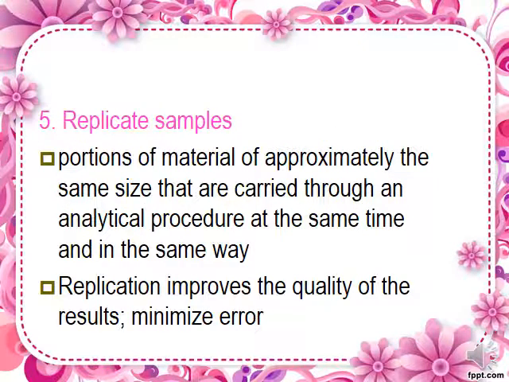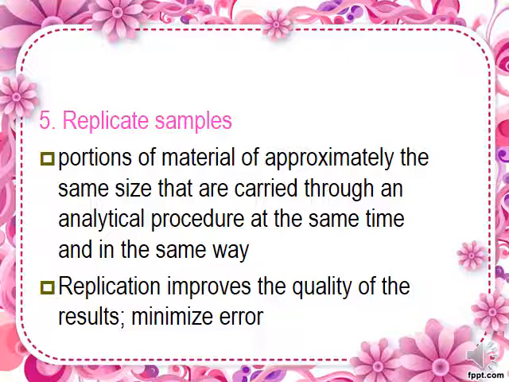The next step is replicate samples. Okay, in analytical chemistry, replication is important. Okay, so you must have a minimum of 3 replicate samples. The more, the better. Okay, so what does a replicate sample mean? Okay, it means a portion of material of approximately the same size that undergoes the same analytical procedure, same time, same way, same manner.